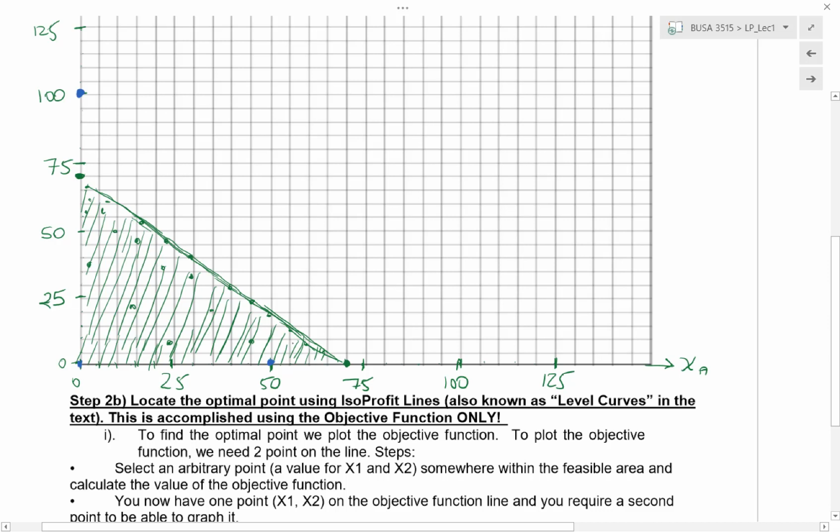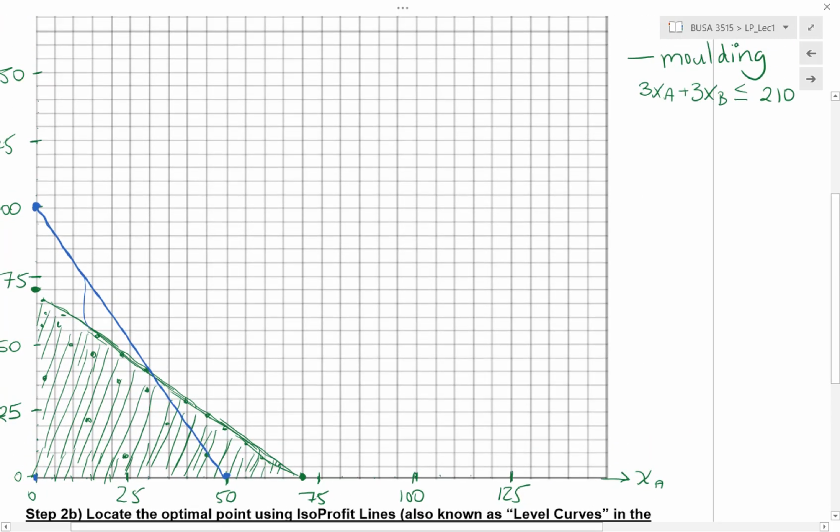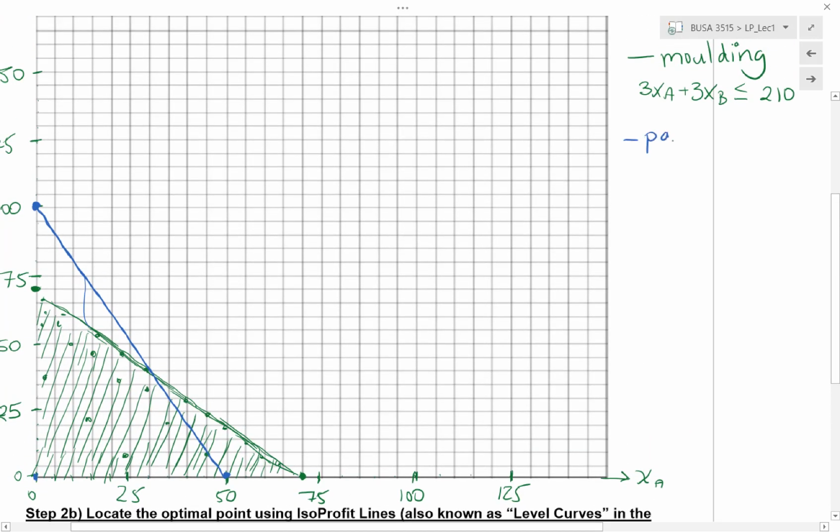Let's connect the dots there and draw out our straight line. Good. Okay, so there is our painting constraint, and it's in blue. And that again is that constraint that 4xa plus 2xb is less than or equal to 200.